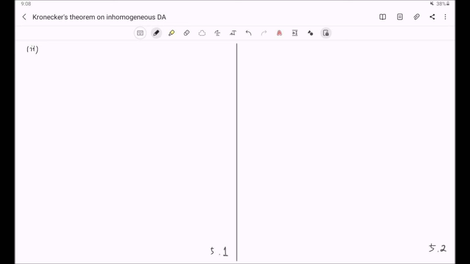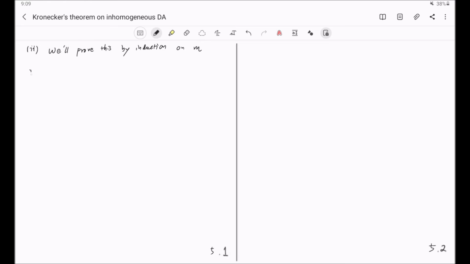Okay, now let's prove the second part. We'll prove this by induction on the integer m, which is the dimension of the whole space.